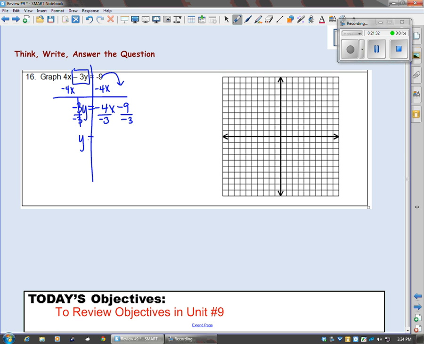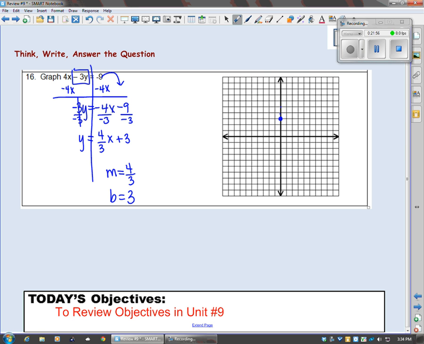So y equals negative 4 over negative 3, which is positive 4/3. Negative 9 divided by negative 3 is positive 3. So your slope is positive this time. It's going uphill, 4/3. Your beginning is at 3. Begin at 3 on your y-axis.